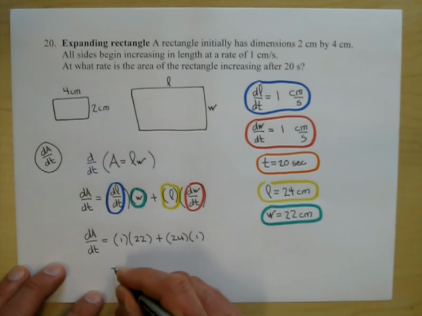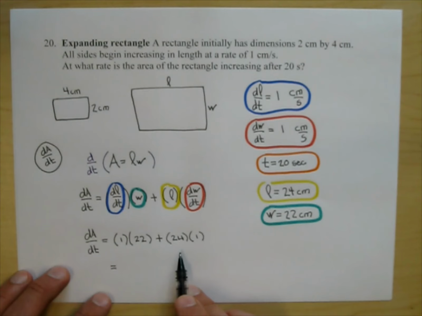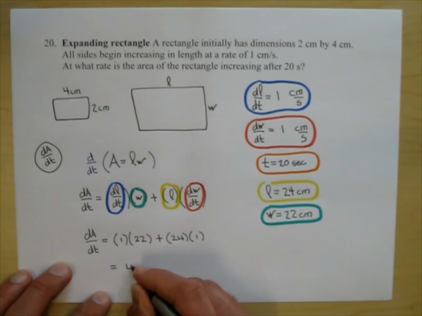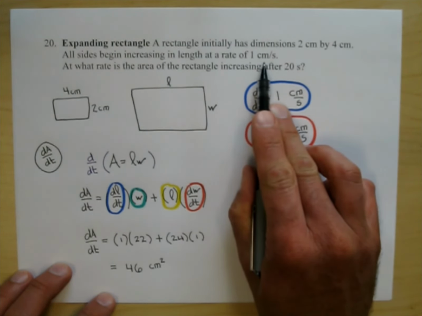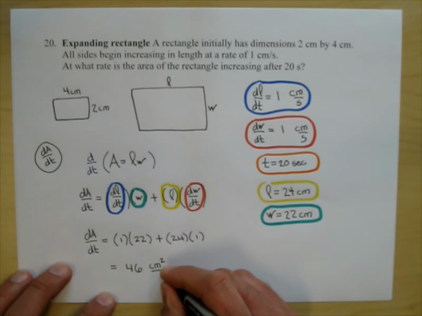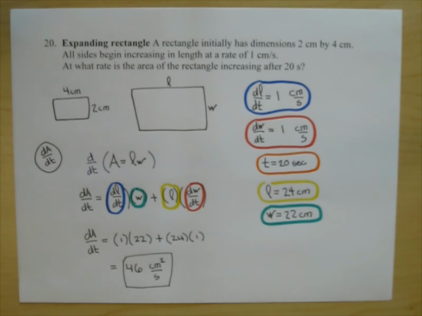So this just gives me 22 plus 24, which gives me 46. This is area over time, so this is going to be centimeters squared, or squared centimeters, because centimeters is what we're using, over time in seconds. So that's how you do problem number 20.